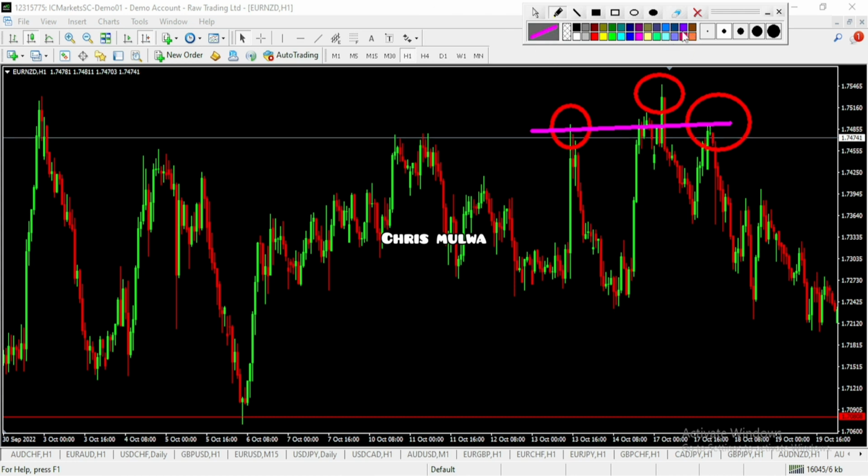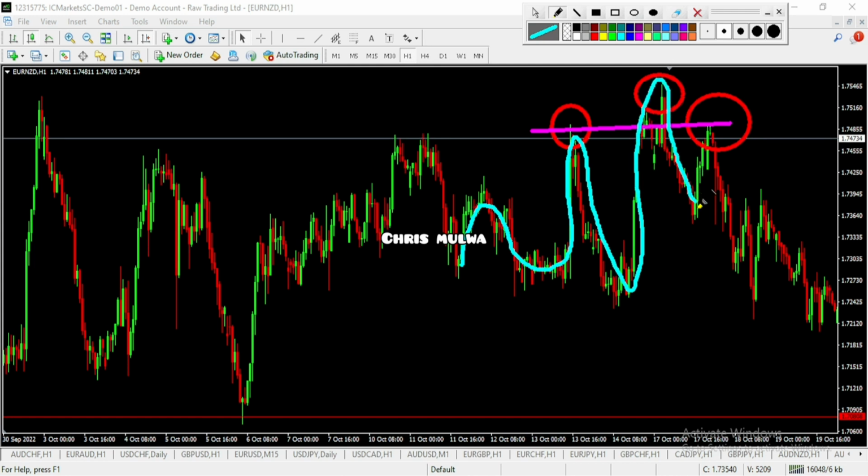So the market was here, came, formed a shoulder, went ahead, formed a head, formed another shoulder, then we can see the market is going down.